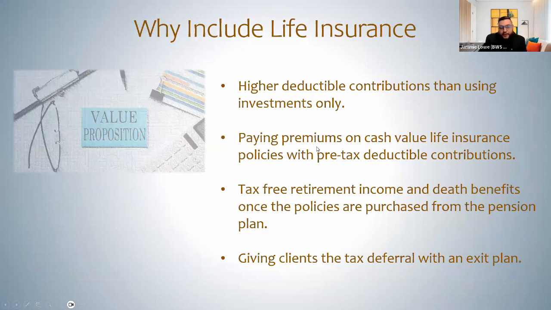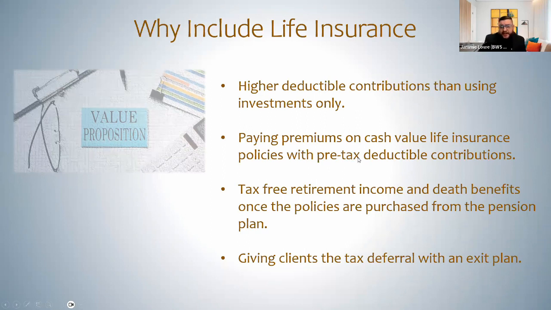Secondarily, we're paying the premiums on the cash value life insurance policies with pre-tax deductible dollars. A lot of business owners love getting business dollars into a cash value life insurance policy for the availability to draw against that cash value down the road, either for business needs or retirement needs after they sell the business. This is one of the few ways, though, that we can actually use pre-tax dollars to fund that policy.